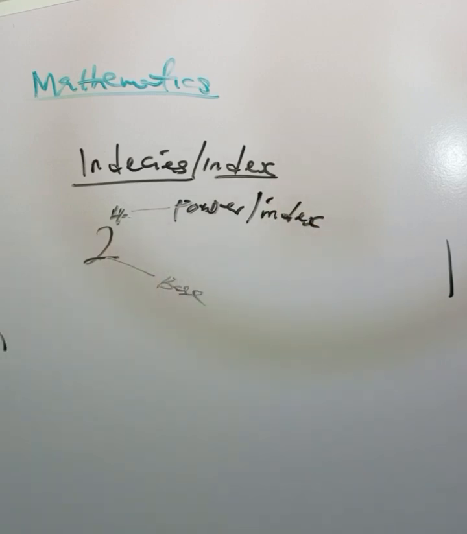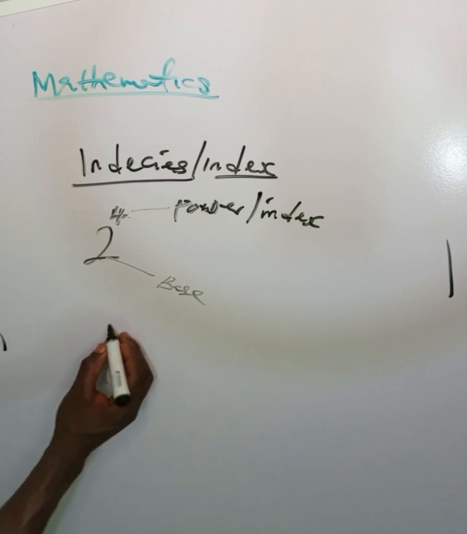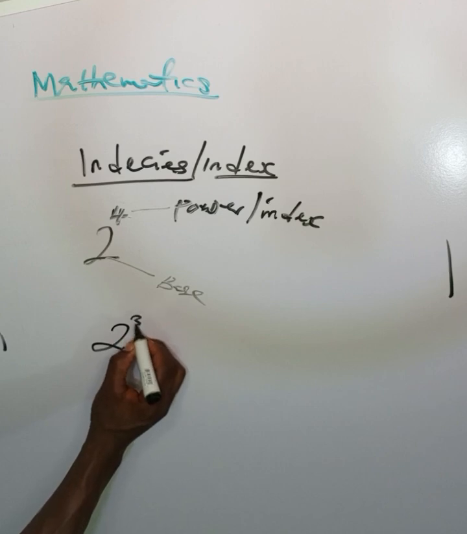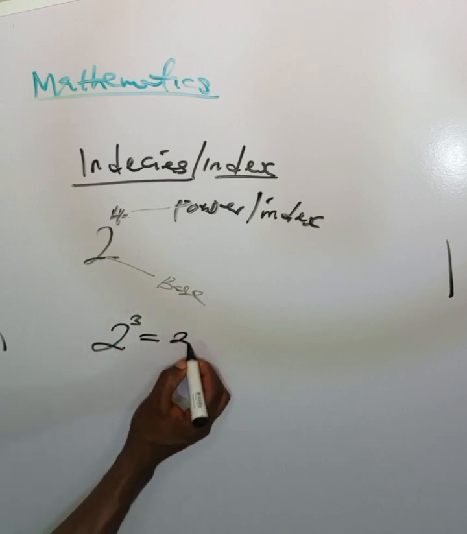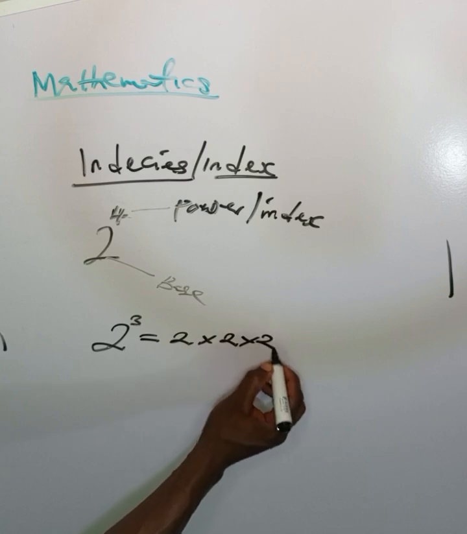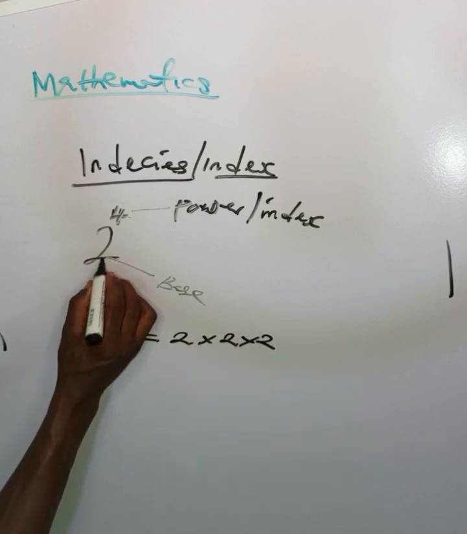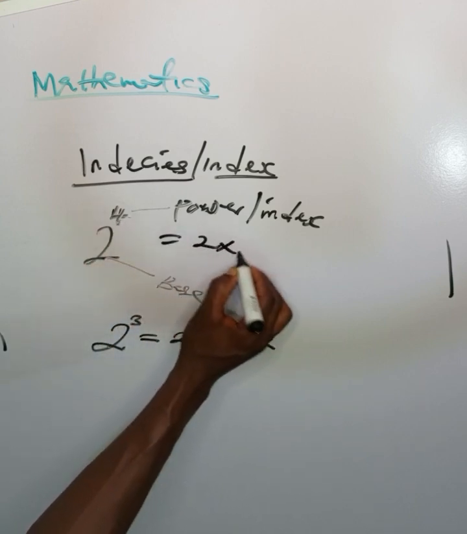Expression of numbers raised to a power is what we do in indices. So if I have 2 raised to power 3, it means that these 2 occurred 3 times. Here, these 2 occurred 4 times.